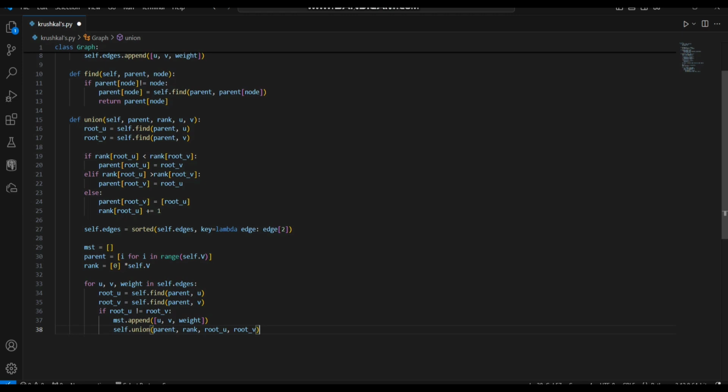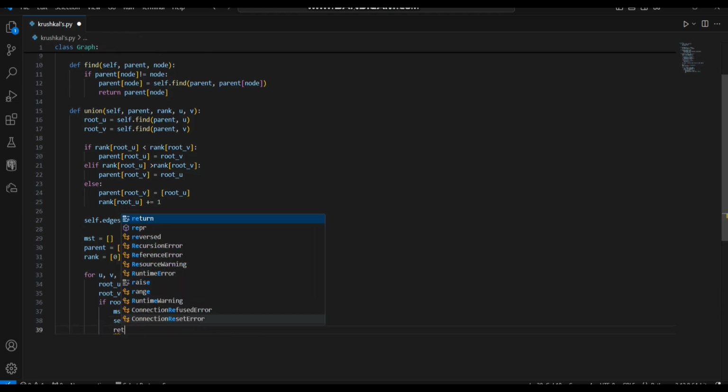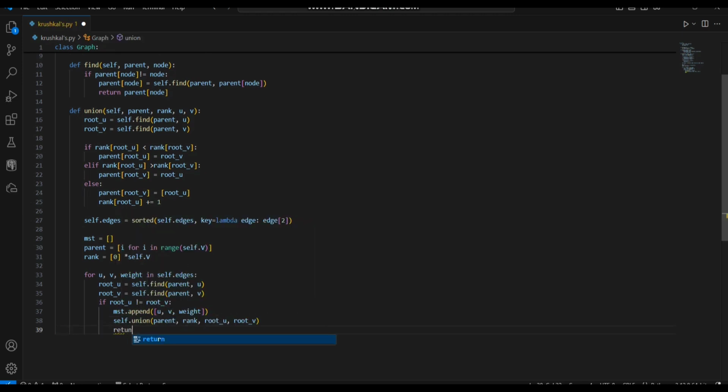The next, self.union(parent, rank, root u, root v).